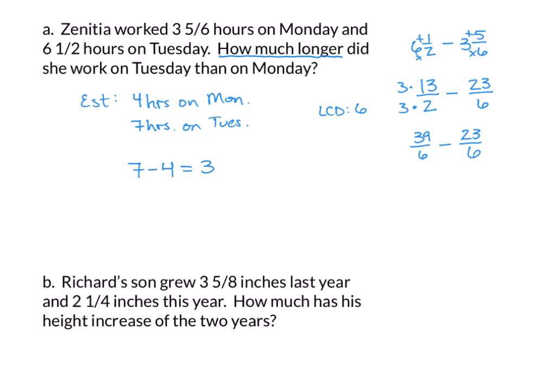And if we subtract, we get 16 over 6. I want to go ahead and simplify my fraction. Both of these numbers are divisible by 2. If we divide by 2, we get 8 over 3. To convert that back to a mixed number, 3 goes into 8 2 times.